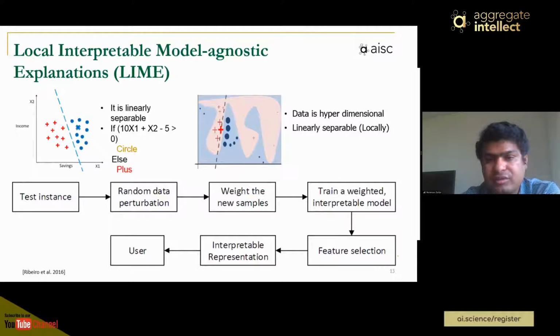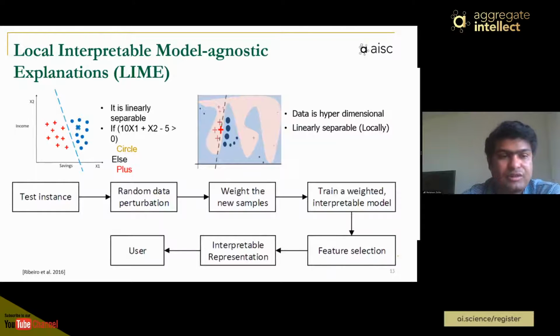It is a hyperdimensional dataset, and the plus sign represents the point of interest. The dashed line represents the separating boundary of these two clusters, circles and plus signs, linearly separating them.